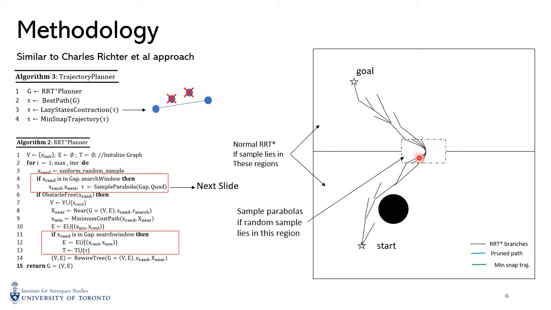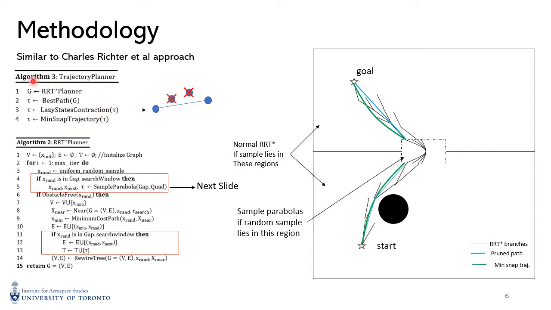And I'll go through the details of this process next slide. But essentially, once RRT star is done, the path can be pruned to remove any lazy states, and then minimum snap trajectory optimization can be done to get the optimal smooth path.